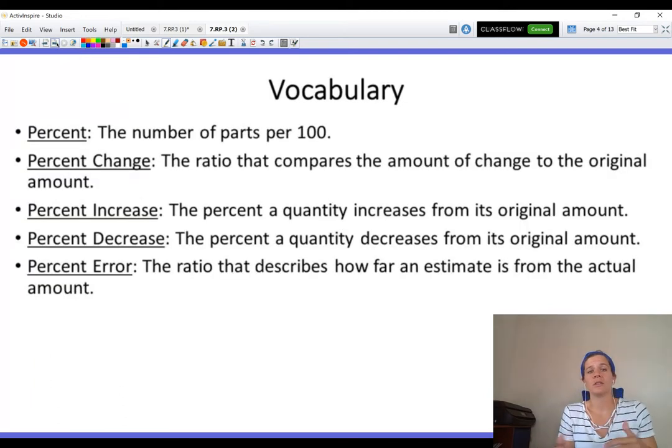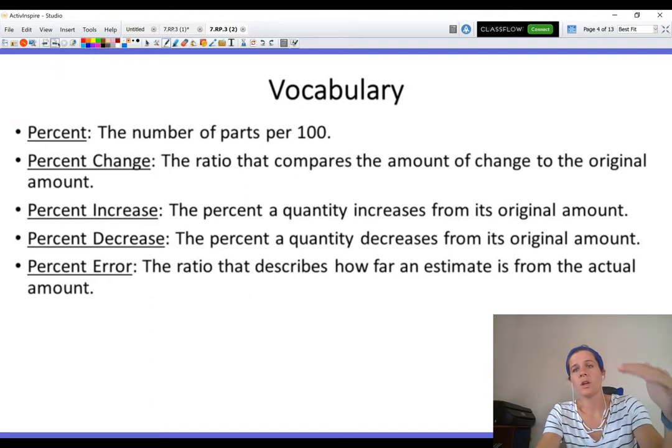Remember, a percent is the number of parts per 100. It's an equivalent ratio where the second number is 100 and the first number is the percent. The percent change is just a ratio that compares the amount of change to the original amount. A percent increase is the percent a quantity increases from the original amount.